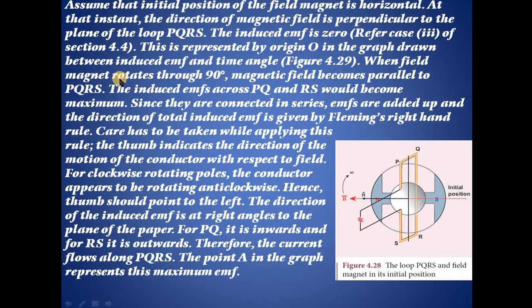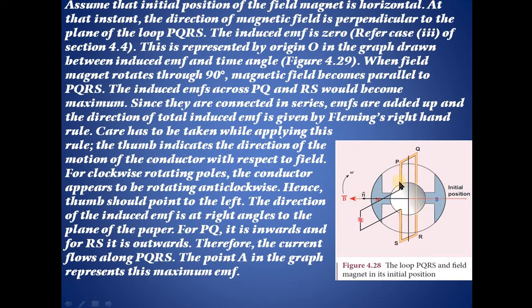Then assume that the initial position of the field magnet is horizontal. Here, this is the field magnet placed in the horizontal position. At that instant, the direction of the magnetic field is perpendicular to the plane of the loop PQRS.